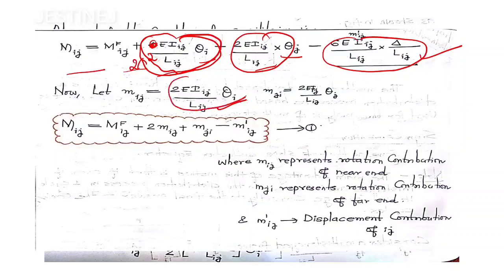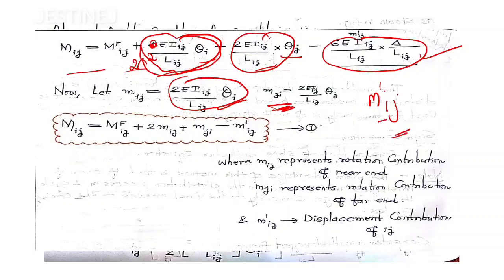This term you can represent by M dash ij, and this whole term by M dash ji, and the last by M double dash ij. Please note down this representation: i represents the near end and j represents the far end.